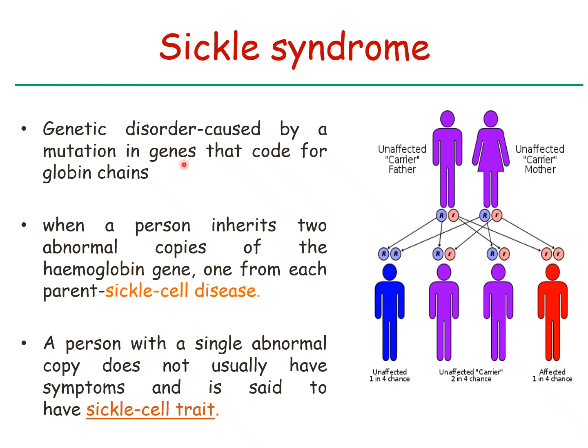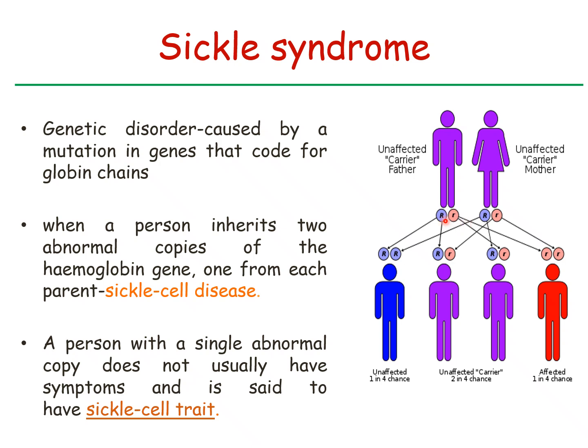It is a disorder caused by mutation in genes that code for globin chains. Here I want to explain with this: unaffected carrier father, unaffected carrier mother. So unaffected 1 in 4 chance, and unaffected carrier 2 in 4 chance. The carriers mean no symptoms.